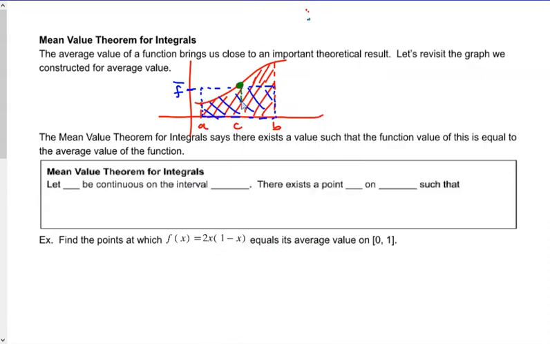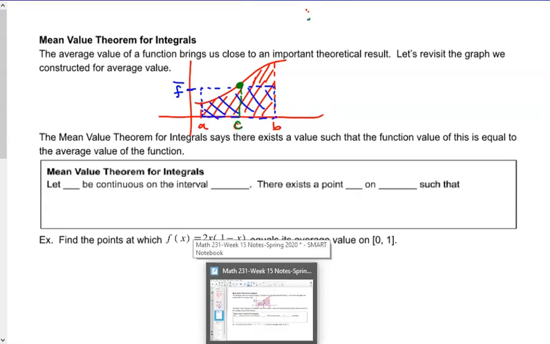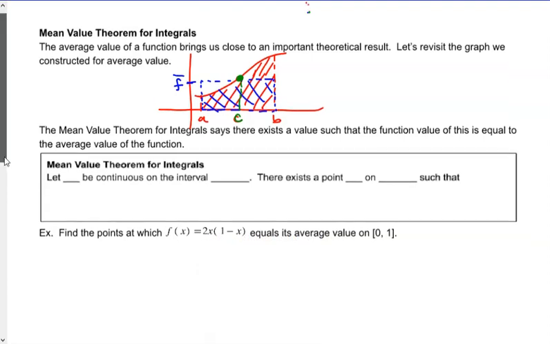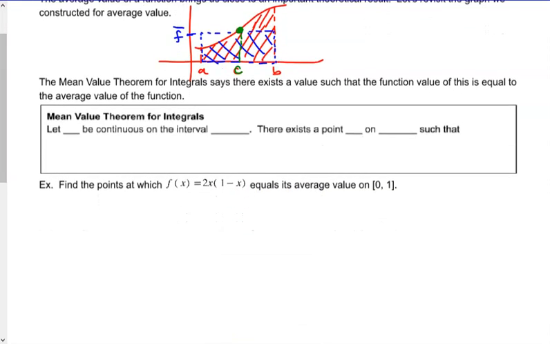This value right here, when x equals c, is the value at which those two things are equal. The area under the curve is going to equal the area of that rectangle created by the interval and that average value. So these should look very similar. The mean value theorem for integrals said that there exists a value such that the function value of this is equal to the average value of the function.